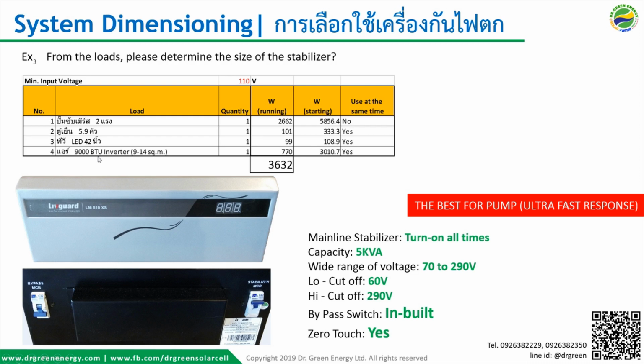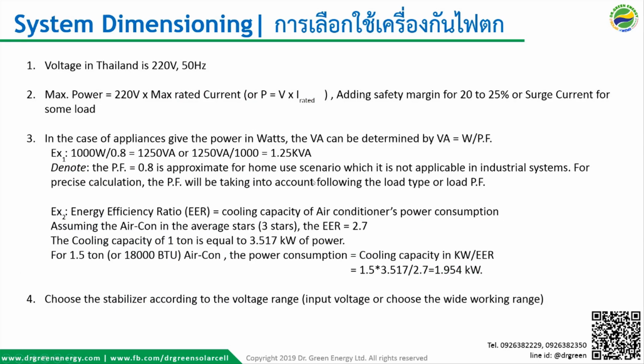So we can calculate the wattage and put it in these tables. Now you can convert from the wattage to the VA by using the formula on this second slide.